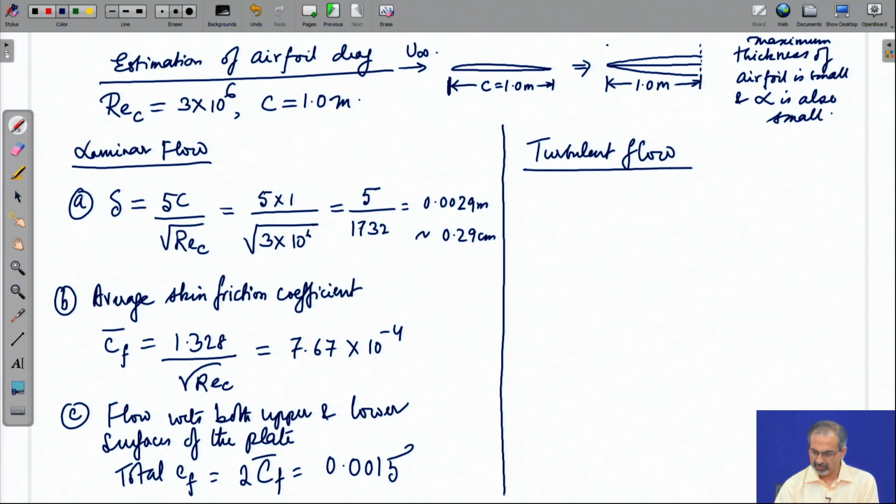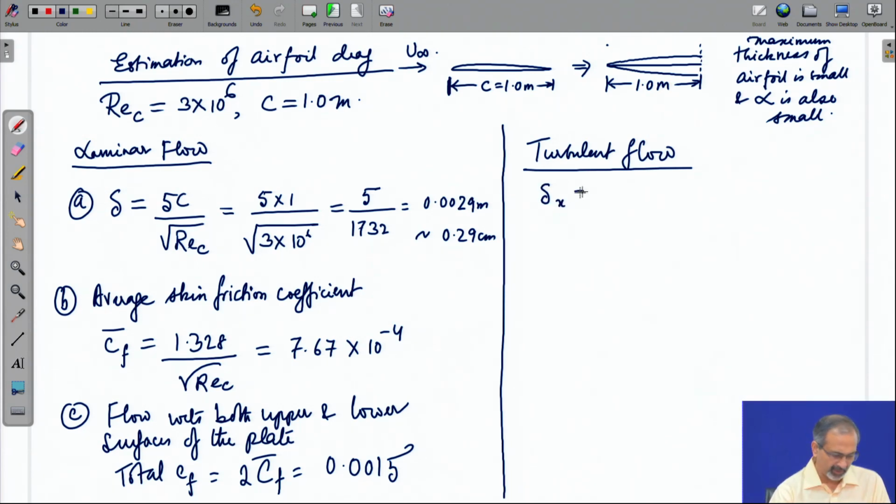If we assume the flow to be completely turbulent, we first need some kind of an empirical correlation for the boundary layer thickness, because unfortunately, in the turbulent world we still do not have any closed form analytical solutions available.